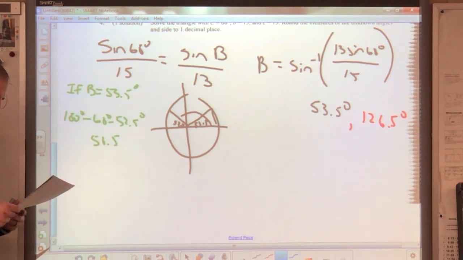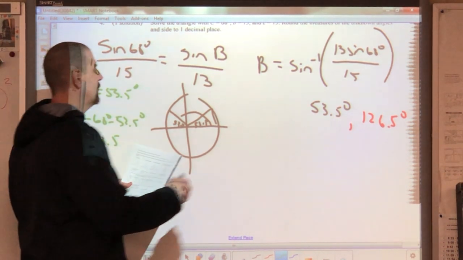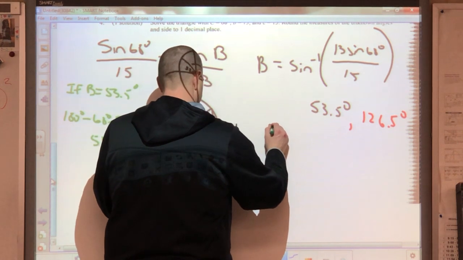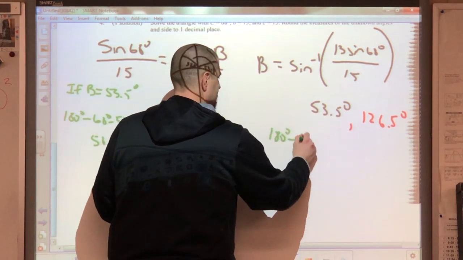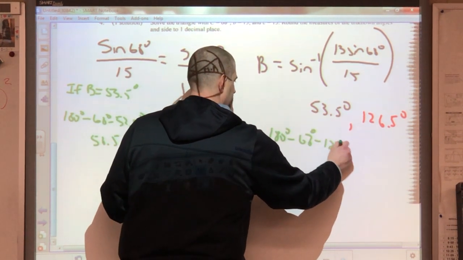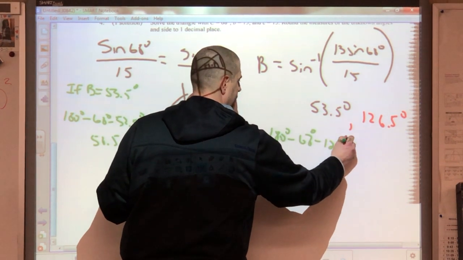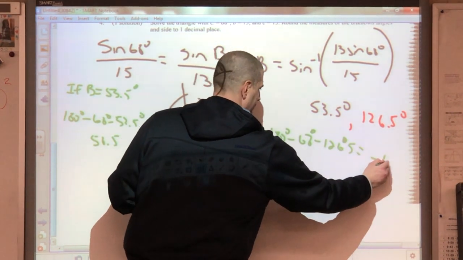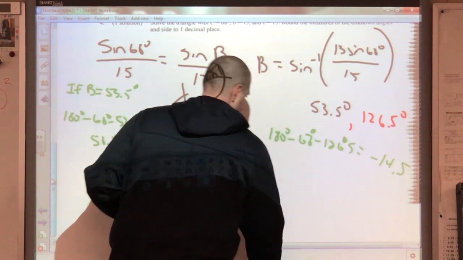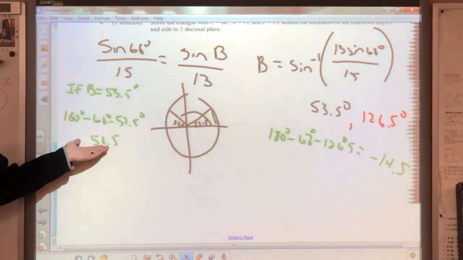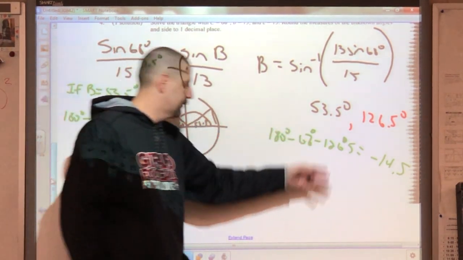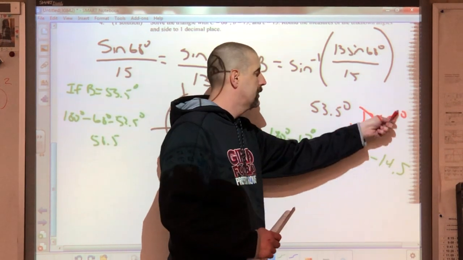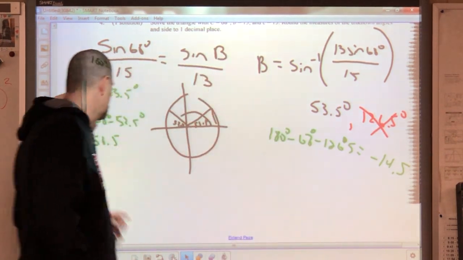If you try it with 126.5, however, you're going to get 180 minus 68 minus 126.5, and that's going to be negative 14.5. So notice, in this case, you can get an angle. In that case, you can't. It'll be negative. So what do we know? One solution.